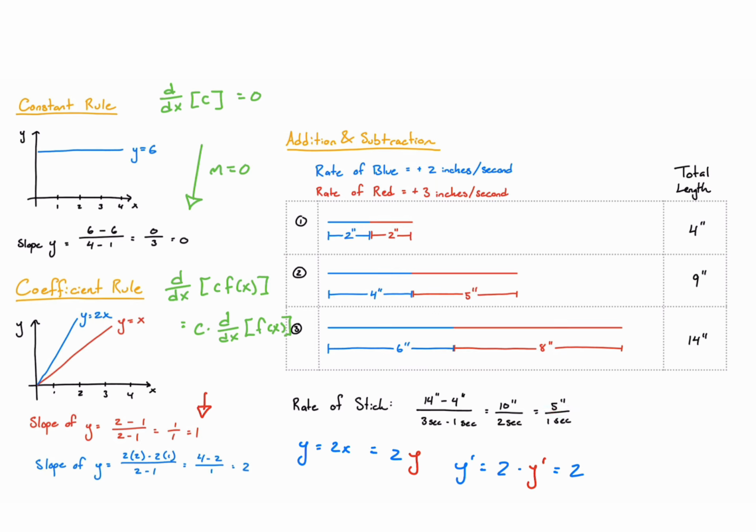So our derivative, d/dx, of this line is equal to the rate of the blue, I'll write as blue prime, plus the rate of the red, so red prime, right? Because prime is the derivative, so the total rate of the line is the rate of the blue part plus the rate of the red part, which is equal to 5 inches per second, which is exactly what we have up here. 2 plus 3 is 5, and that is exactly what we got.